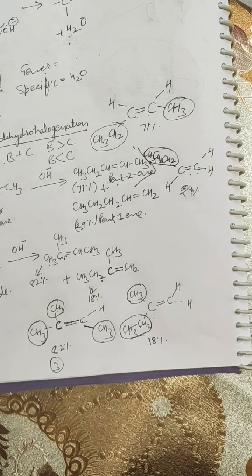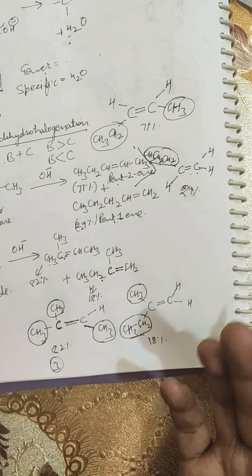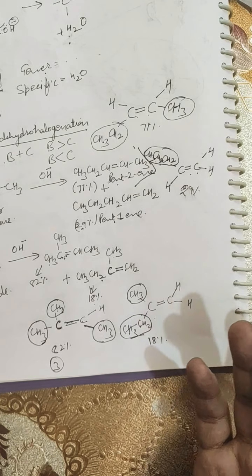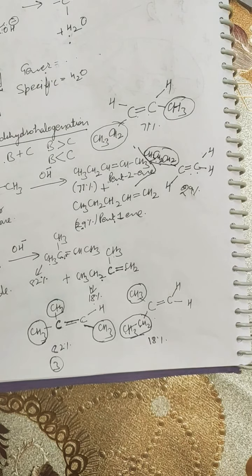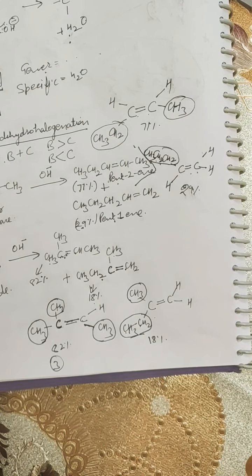So this is the Saytzeff rule. This is the better explanation for the Saytzeff rule, if you try to understand, and this is also the definition of the Saytzeff rule. So what does the Saytzeff rule say? Let me repeat once again.